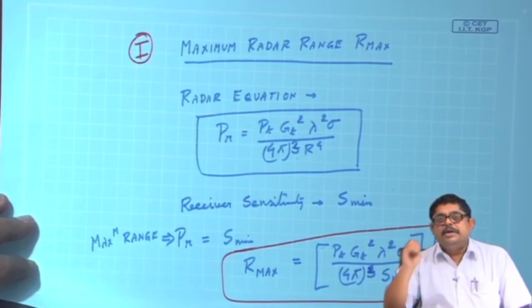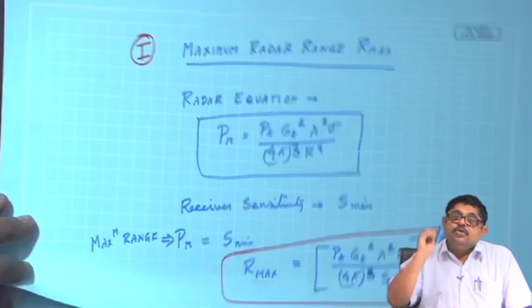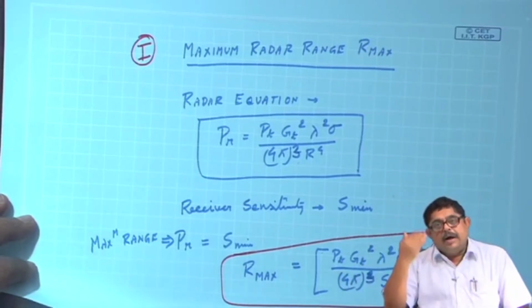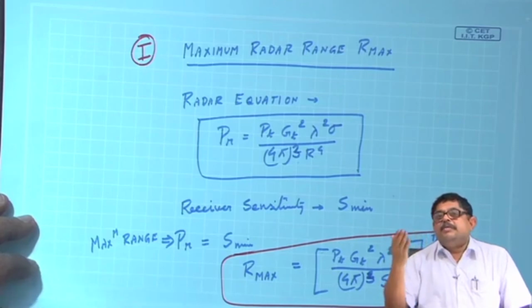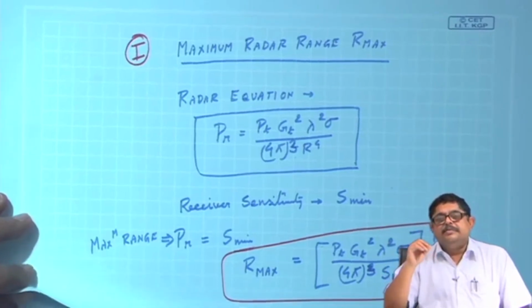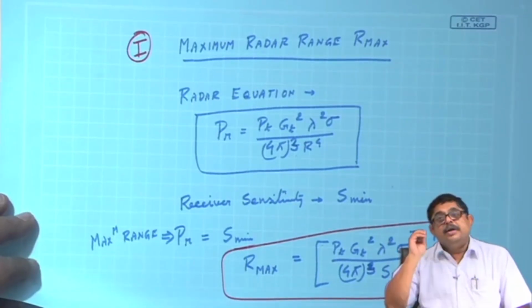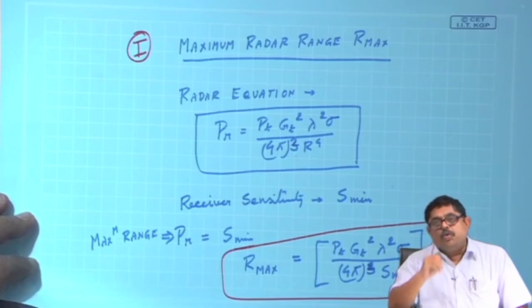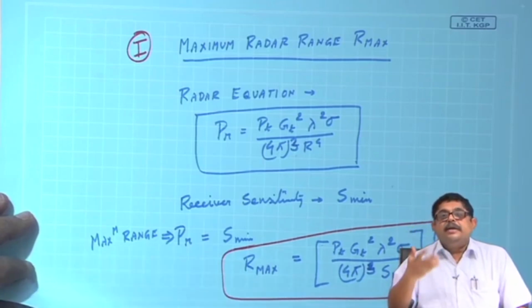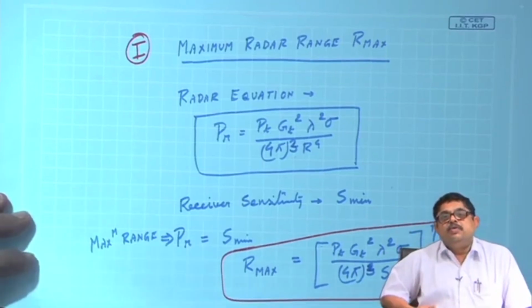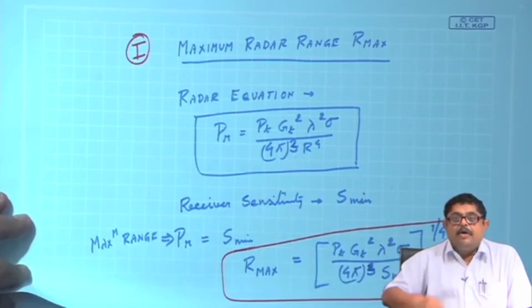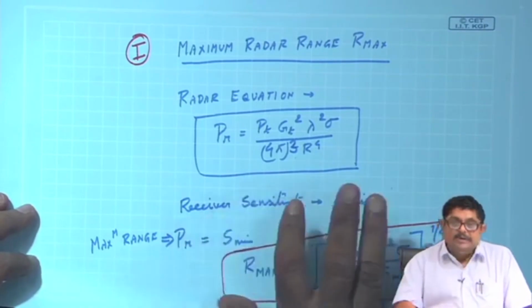It goes on sending pulses, and when it is looking at a target, after some milliseconds it sends several signals and gets back the return, stores it, and then sums those echoes, and after summing it becomes something comparable to the receiver sensitivity.